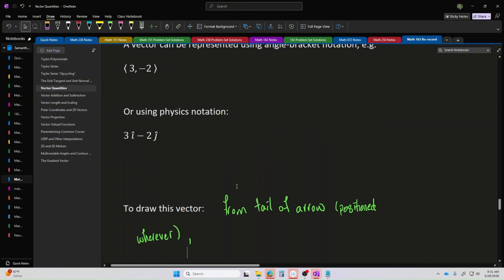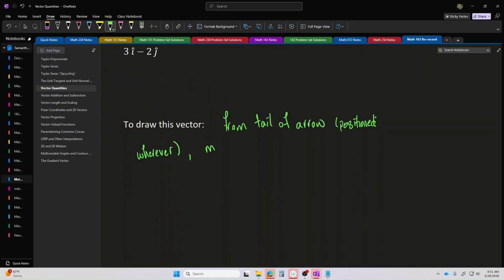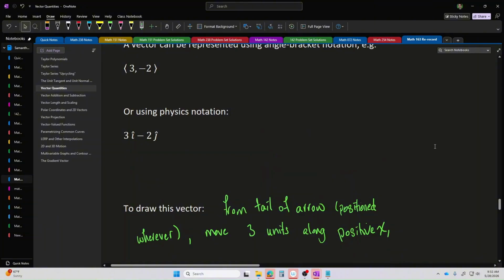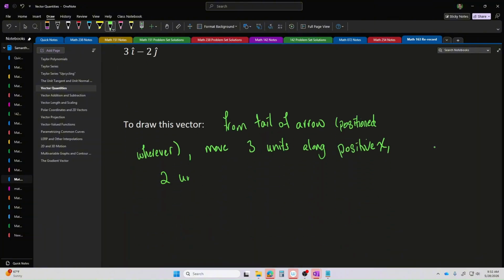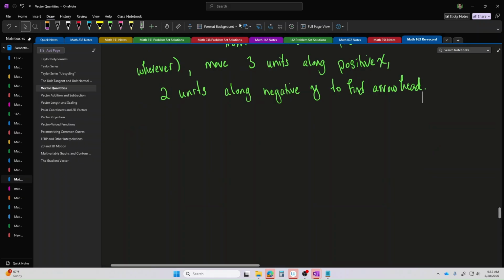We're going to travel 3 units in the positive x direction, and we're going to travel minus 2 units in the y direction. And that movement will give us the location of the arrowhead. Let me show you what I mean.